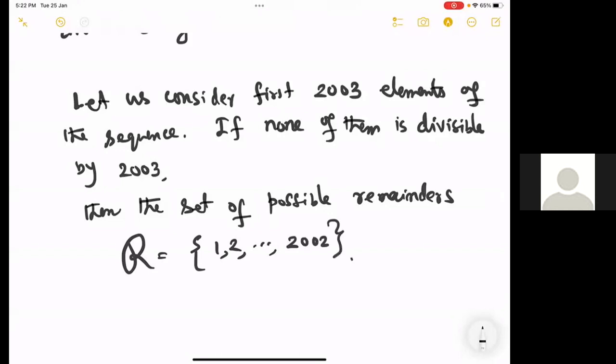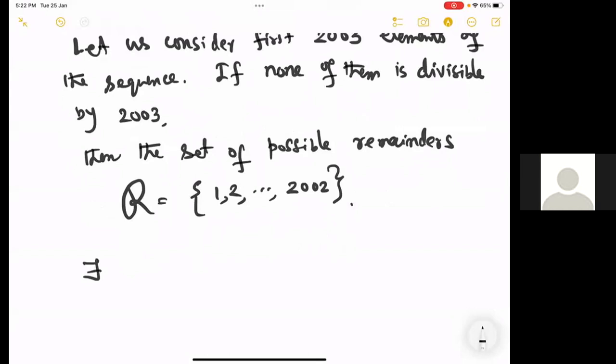But you have taken 2003 elements in the sequence and you have a choice of only 2002 remainders. That means there are at least 2 elements in the first 2003 elements of the sequence which will produce the same remainder when you divide by the number 2003, right?